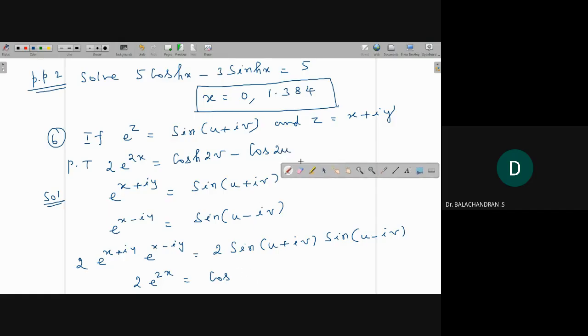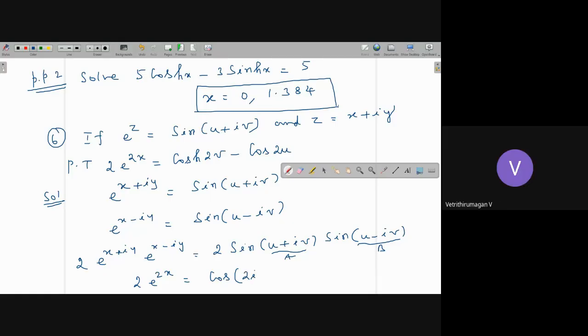But here you have 2. Okay, so I will take this as a. Sir, 2 sin a sin b is equal to cos a minus b minus cos a plus b, sir. Yeah, cos of a minus b. Okay, thank you. So a minus b is what? A minus b is 2iv.